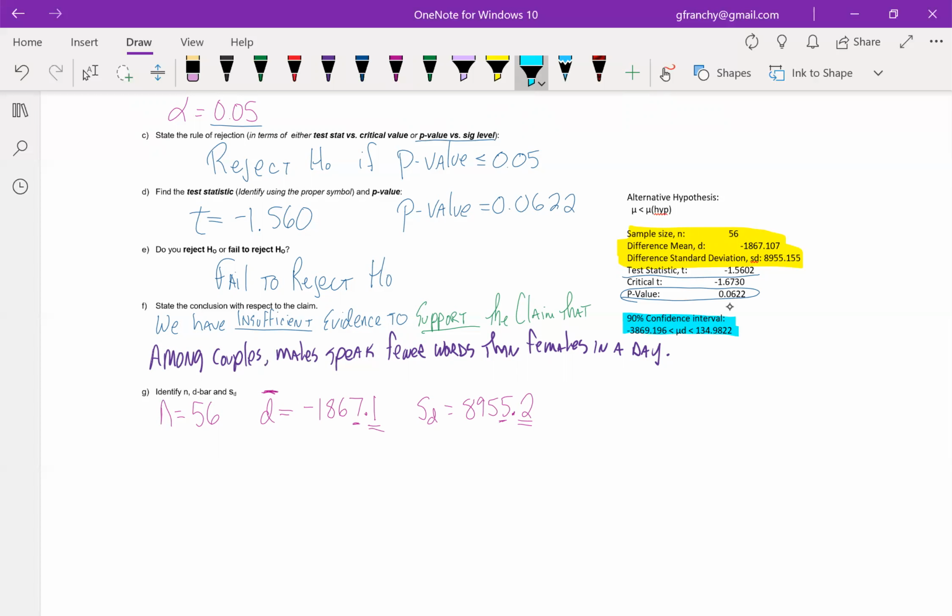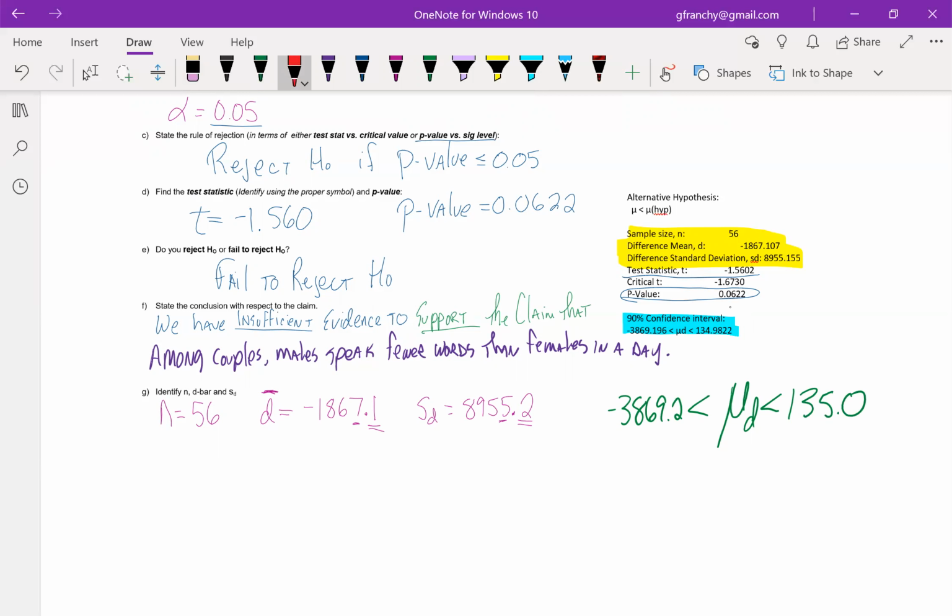Speaking of confidence intervals, so if we were to write out this confidence interval, mu sub d, that's negative 3869.2 to 134.980, we're going to round up, so 135.0.